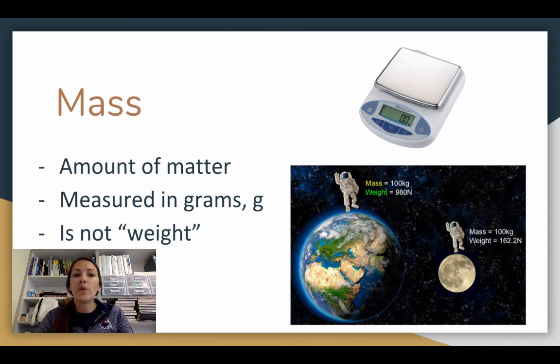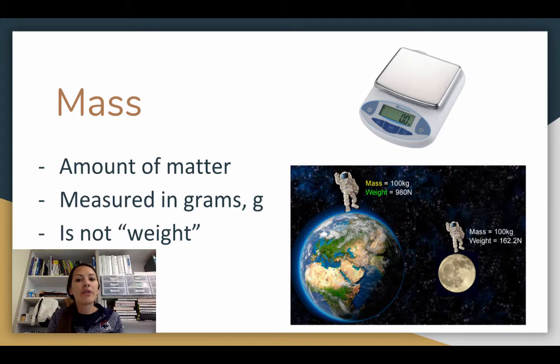Mass is a measurement of the amount of matter. It's measured in grams, which the lowercase g is the symbol for, and it's different from weight. Mass is how much matter we're made up of, but weight is the force of that.